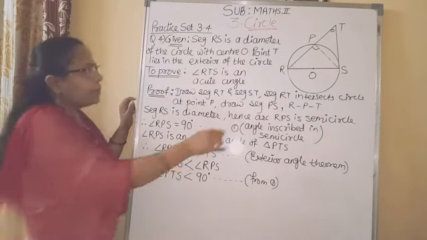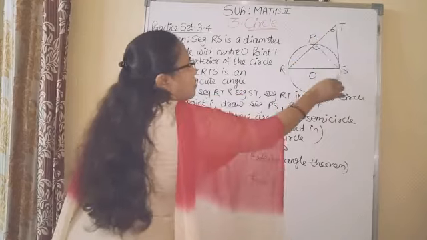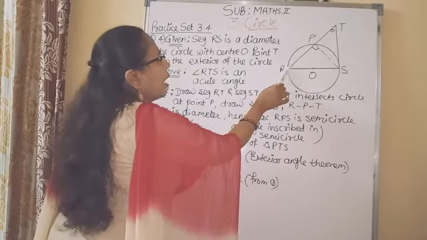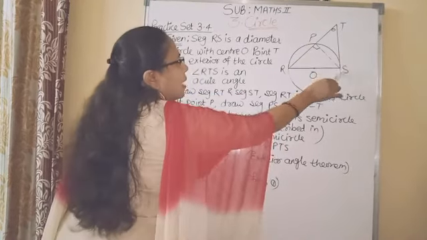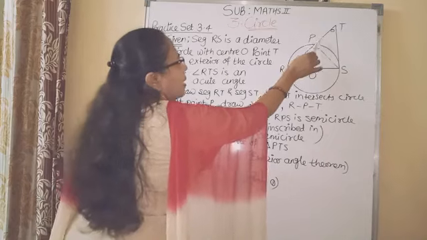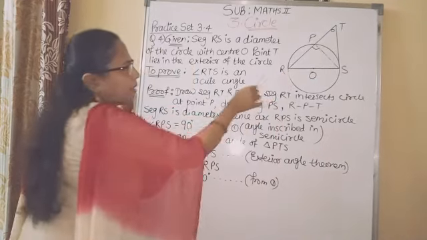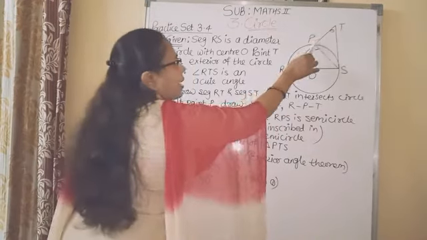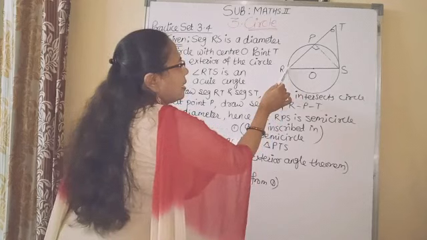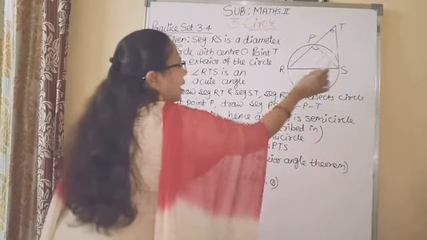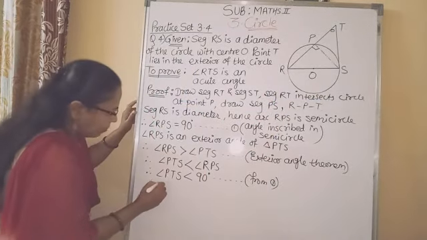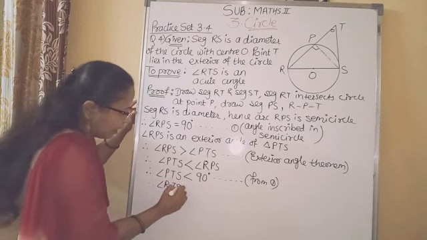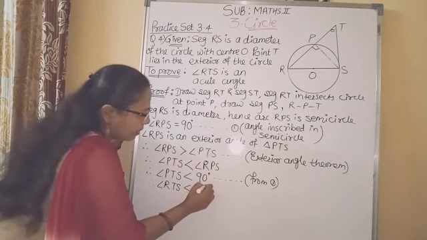The name of angle PTS, we can write as angle RTS because R, P and T, these points are on the same line. Therefore, angle RTS is less than 90 degree.